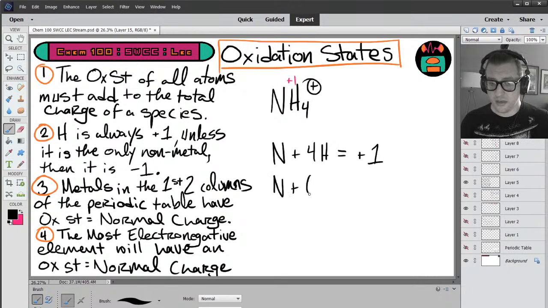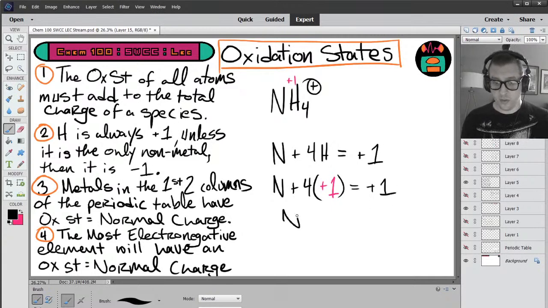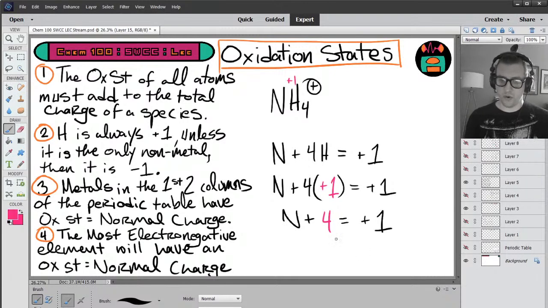So we have nitrogen plus 4 hydrogens, each with an oxidation state of +1, equals +1, which means that nitrogen plus 4 equals +1. So we can solve for nitrogen by subtracting 4 from both sides of this equation.